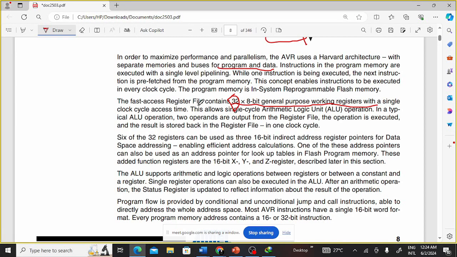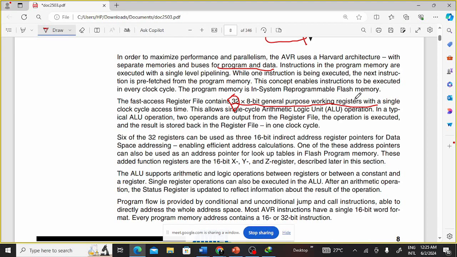The fast access register file that you are asking me about, which is a GPIO register file, is 32 bytes, and those 32 bytes are 8-bit each of them, and this is the general purpose working register.